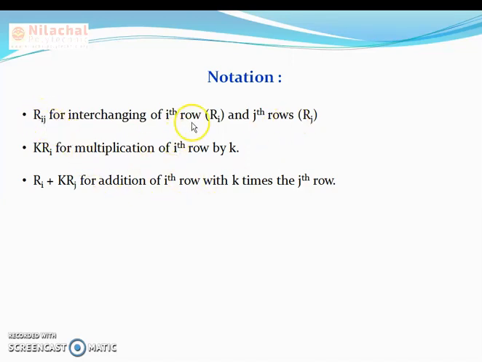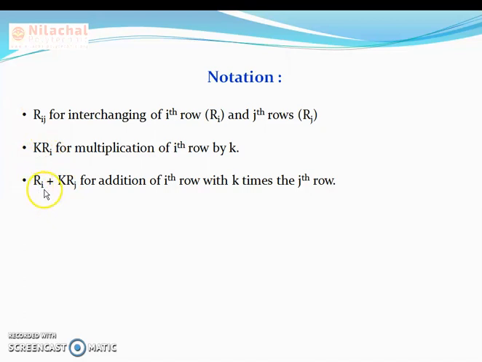R12 means you are interchanging R1 and R2. Clear? So in general I am writing Rij. Similarly another thing, kRi. Suppose you want to multiply any row by a constant. At that time you write that constant into that row.